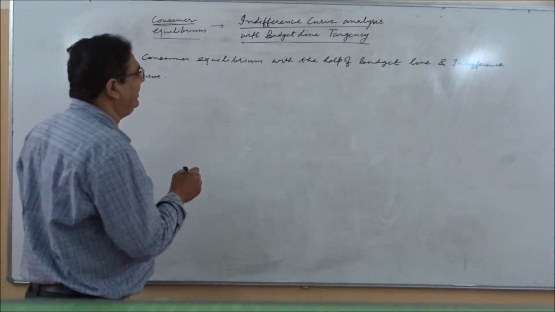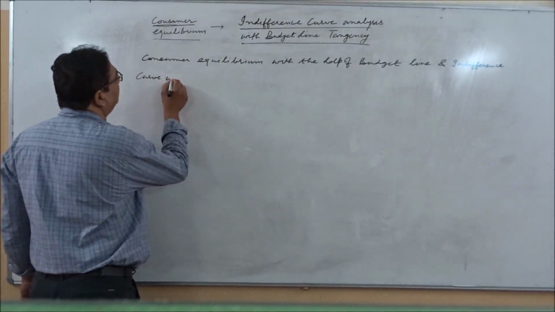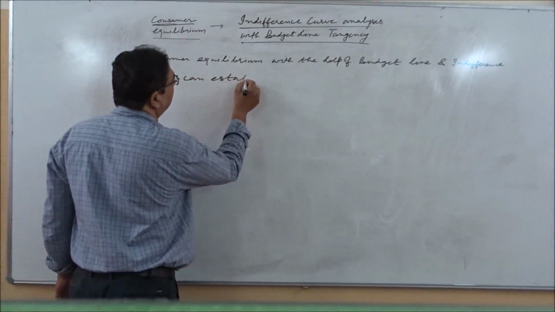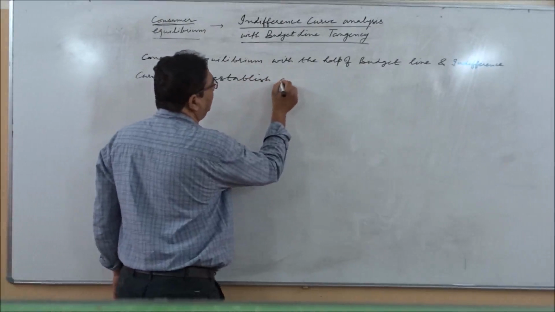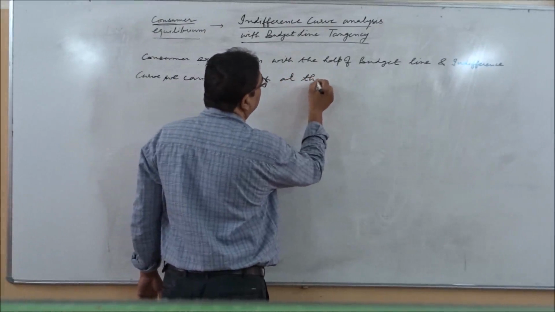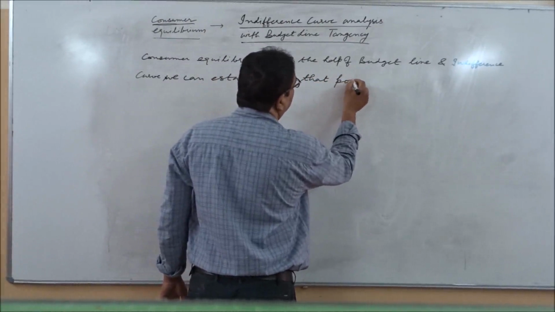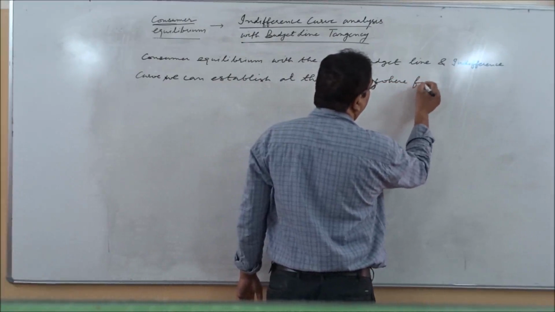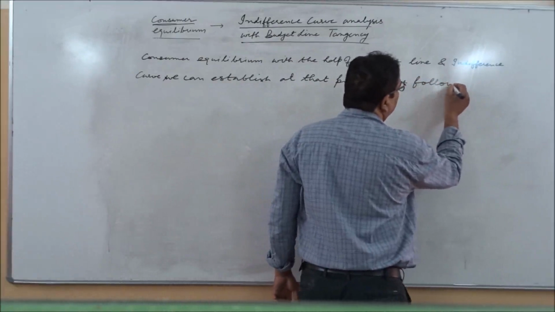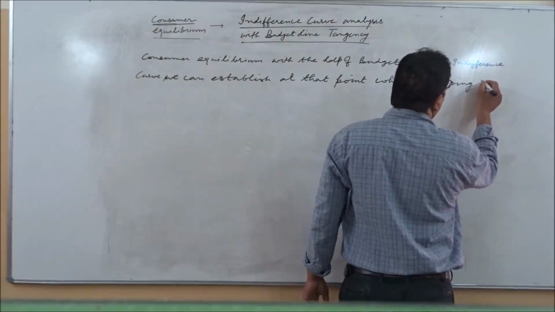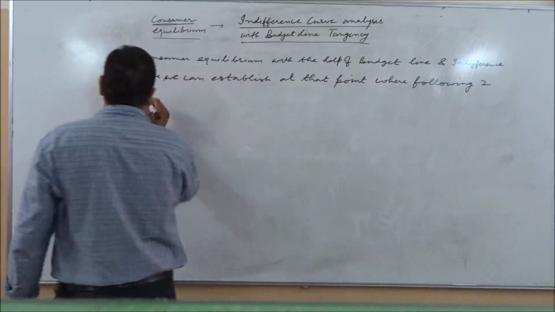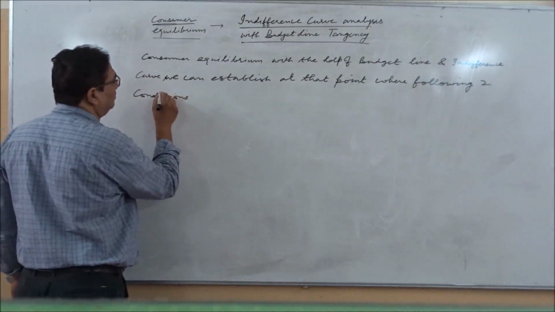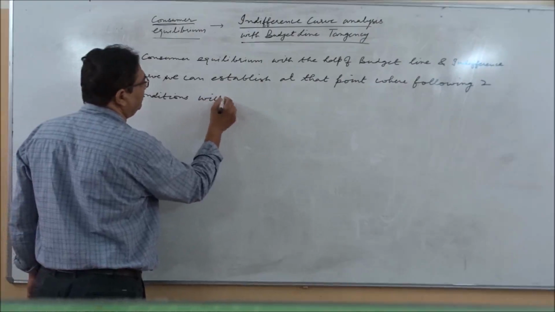With the help of budget line and indifference curve, we can establish that point where the following two conditions will be satisfied.